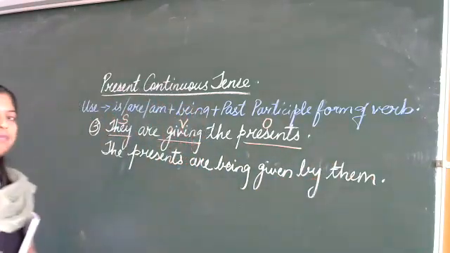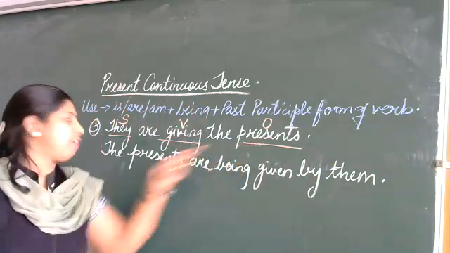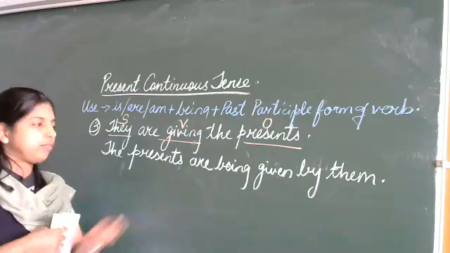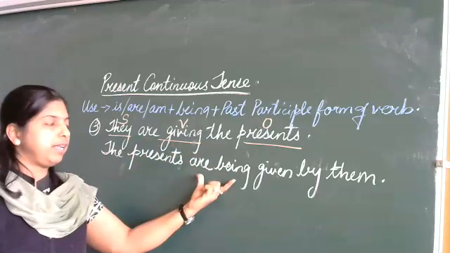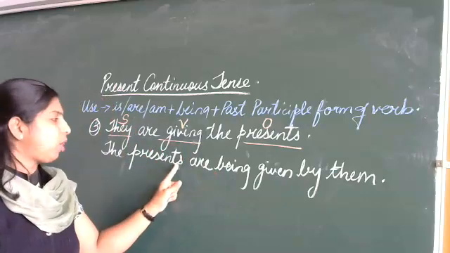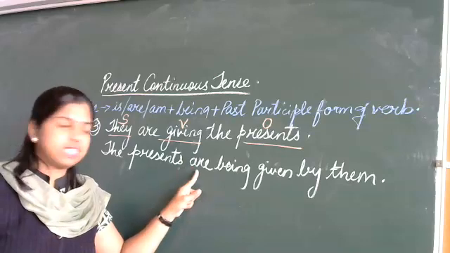See the change now? What we have done? The object we have brought here, the presents. Then the verb remains the same but we have changed it according to the rule. Because it is plural, we have used are, we have not used is.